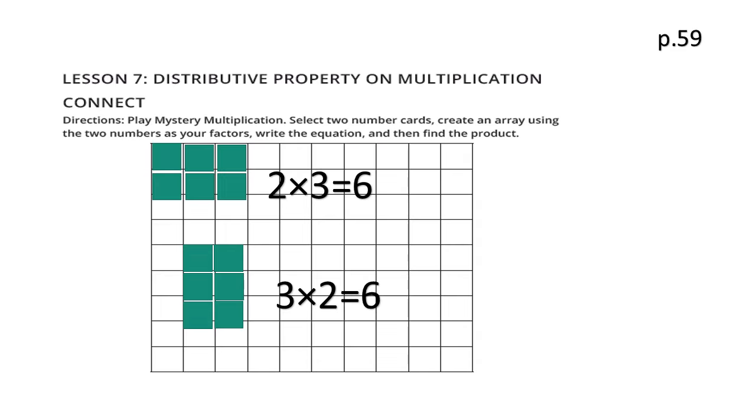So the first array has 2 rows and 3 columns, and the second array has 3 rows and 2 columns. For both, we write the equation and find the product. So 3 times 2 equals 6, and 2 times 3 equals 6. This is the commutative property. Do you remember this? Okay.